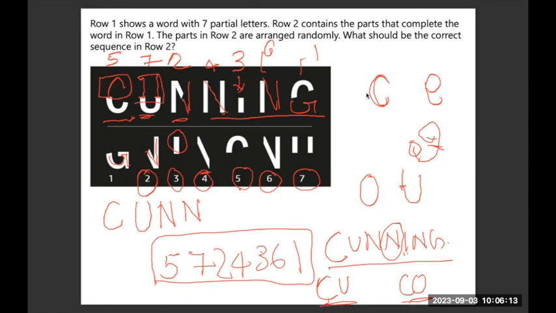Is there a possibility that this U can be completed with the other half of U, like this? But in the options which I was given, these parts which I was given here, there was no part which comprises this kind of form. So I say O is not possible. Let me go with the U.